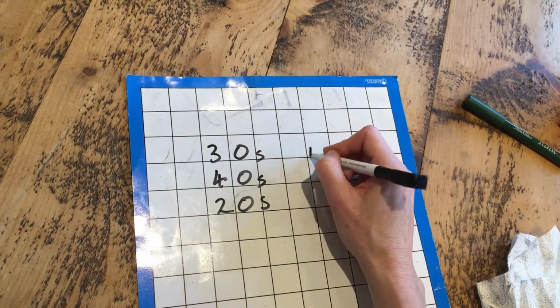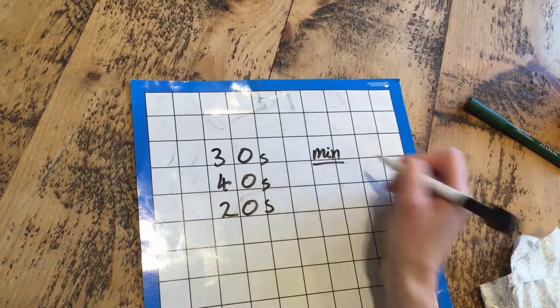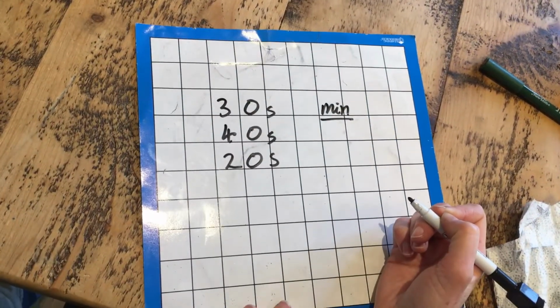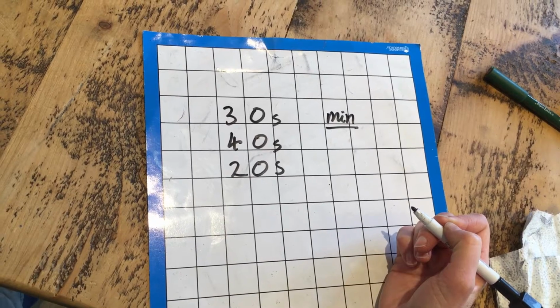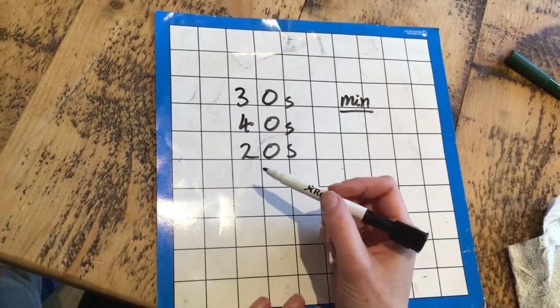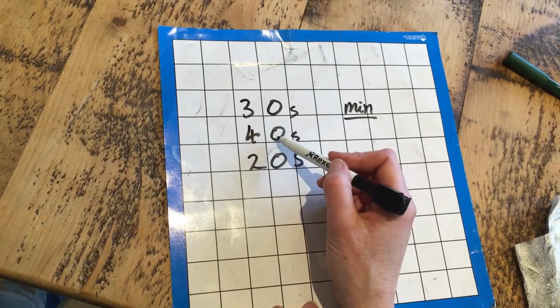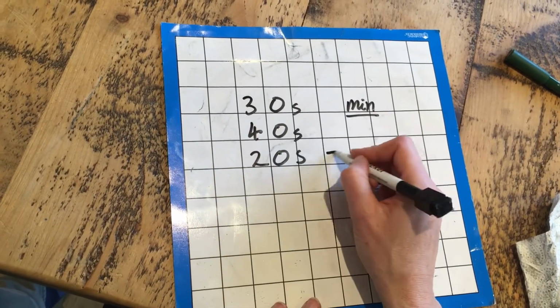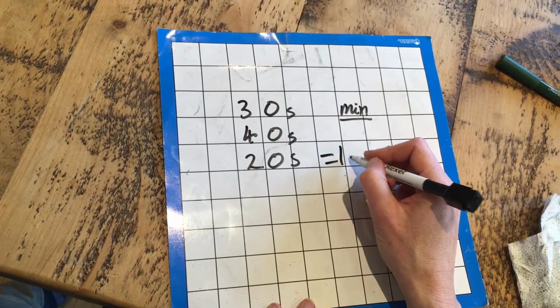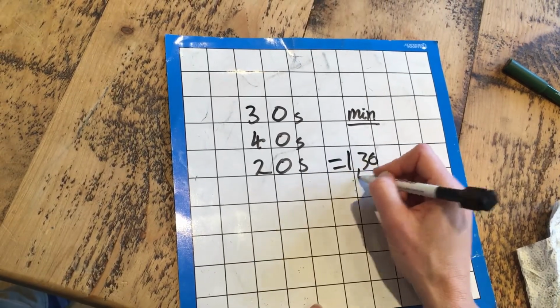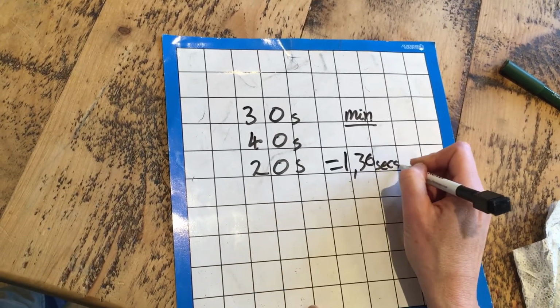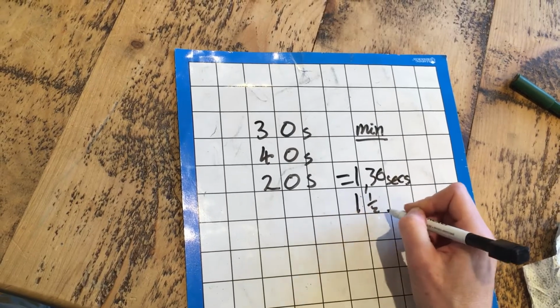How long in minutes is the whole news bulletin? You're going to say to yourself, 30 seconds plus 40 seconds is 1 minute and 10, and another 20 gives you 1 minute and 30 seconds. Or you could say 1.5 minutes.